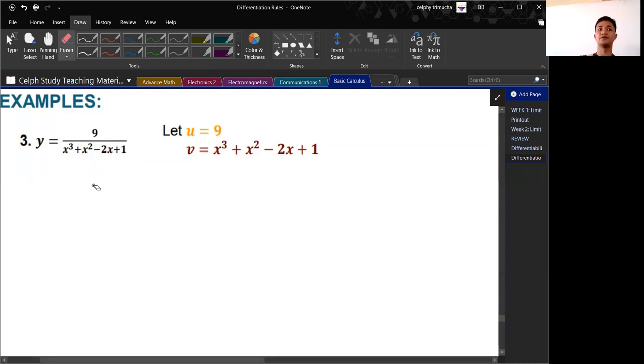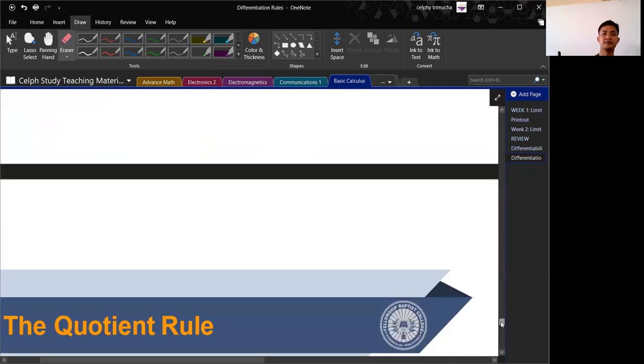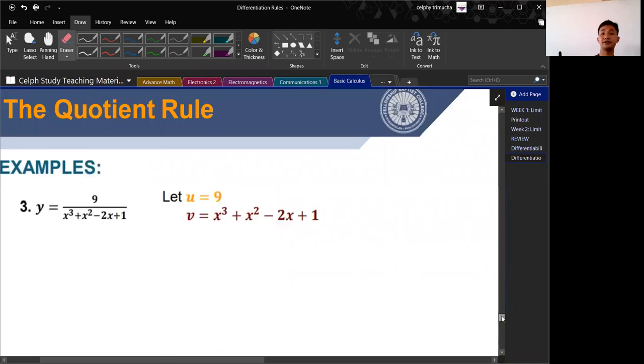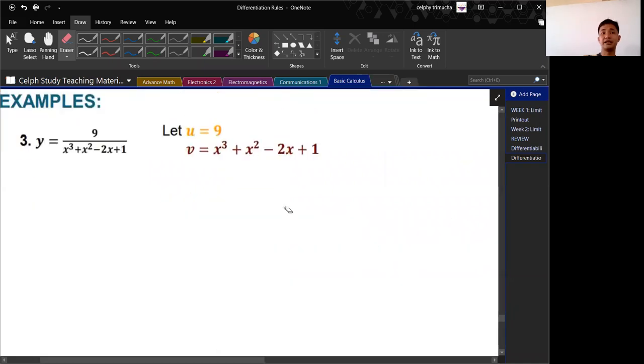So we have 9 all over x cubed plus x squared minus 2x plus 1. Okay, so hapos lang ni siya. Okay, so duwa ka problem ha. We have this one. 9 all over x cubed plus x squared minus 2x plus 1. Okay, pag-screenshot lang kay ma-move to sa another nga problem.